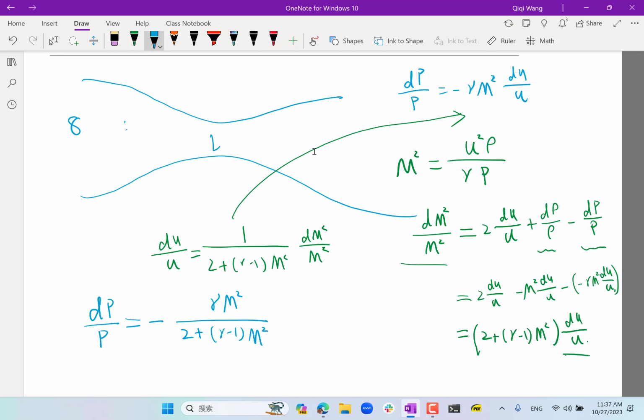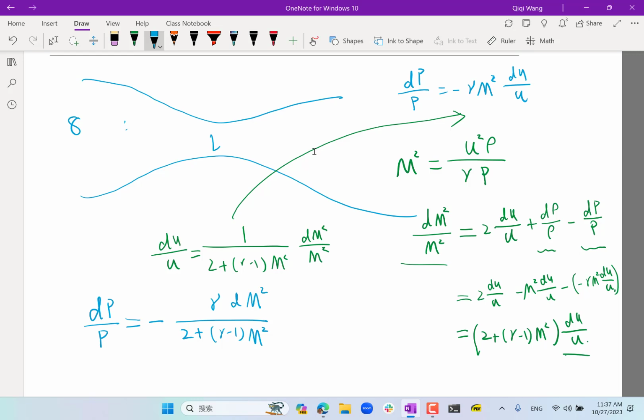Actually, let me cancel the M squared over here and directly write it as dM squared. Questions? Just plug this into the du over u. The M squared over here cancels with the M squared over here.